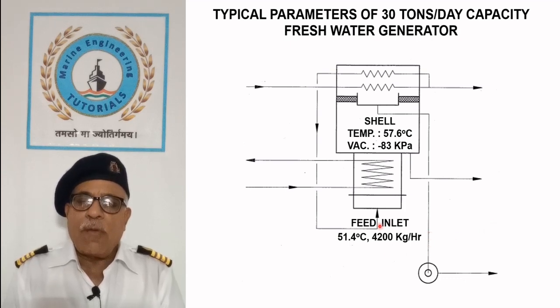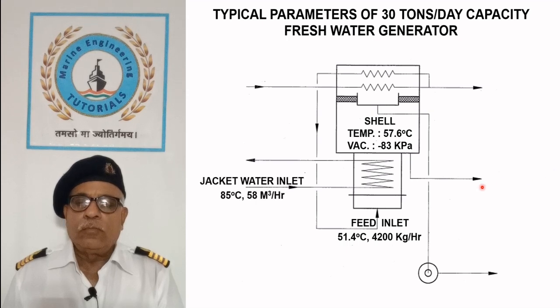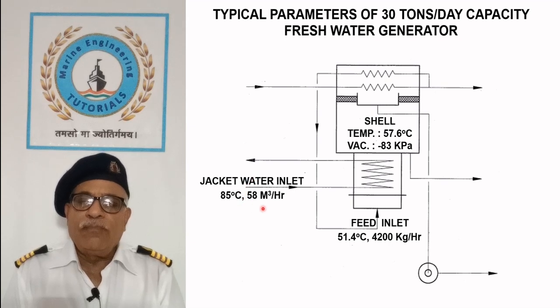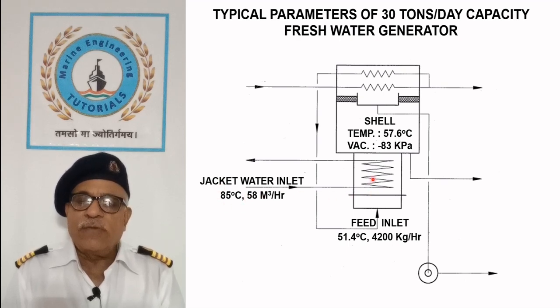4,200 kg per hour of seawater at temperature of 51.4 degrees Celsius is supplied to the evaporator as feed. 58 meter cube per hour of jacket cooling water at temperature of 85 degrees Celsius is supplied to the evaporator for heating the seawater.